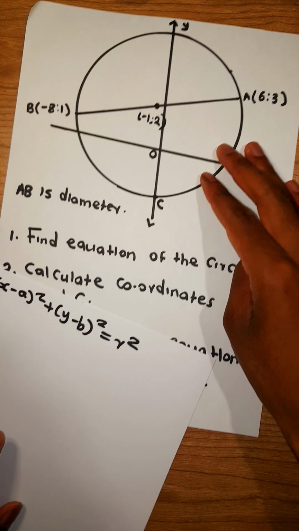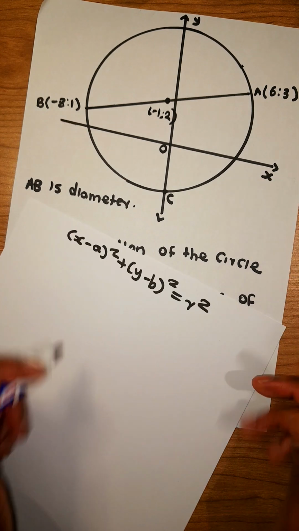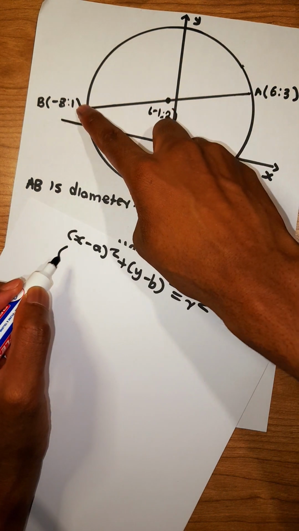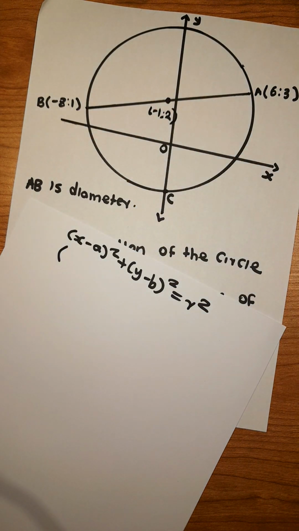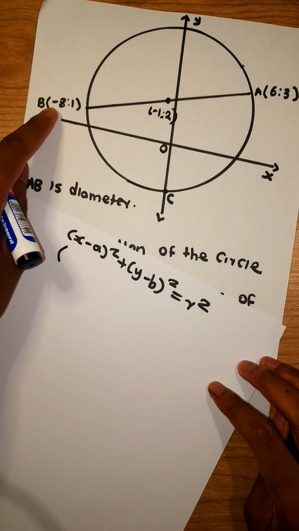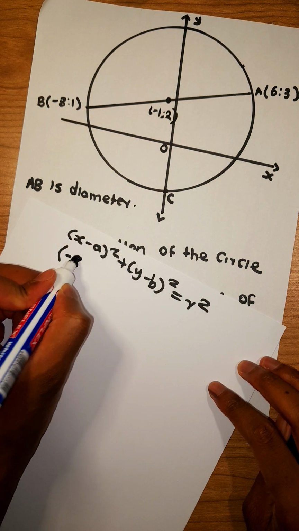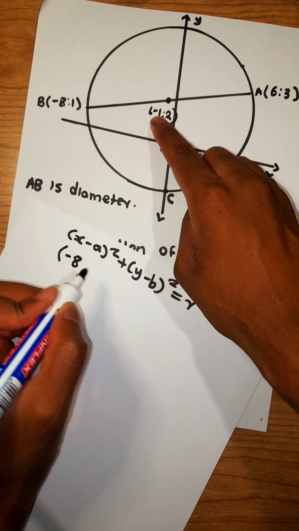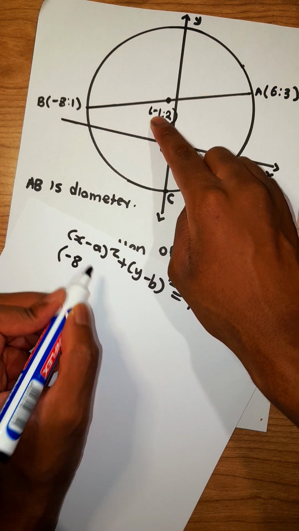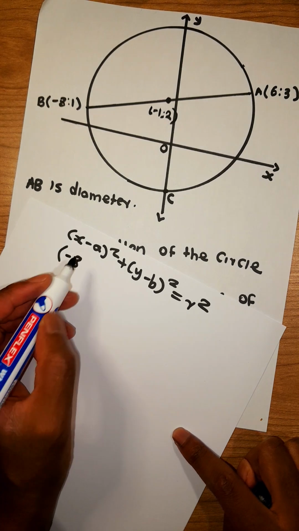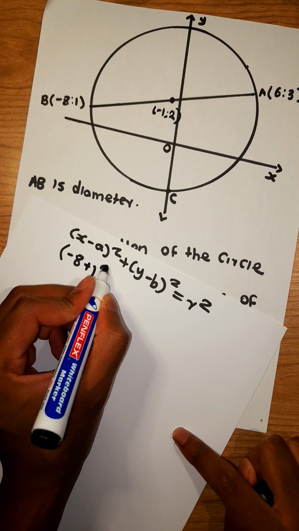So how do we find the equation of the circle? You can choose this point or this point, and we are going to get the same answer. Let me choose this point. The value of x is minus 8. The x coordinate of the center is minus 1, so minus minus 1 changes to plus 1, and then you square it.